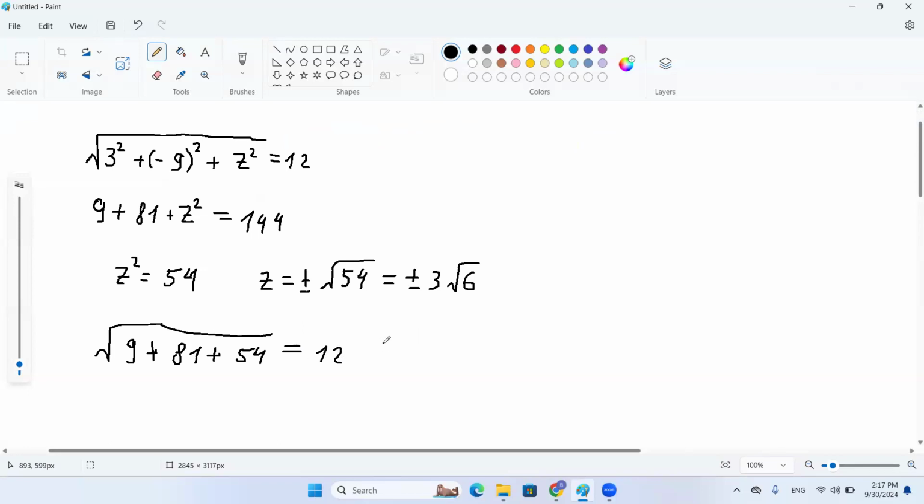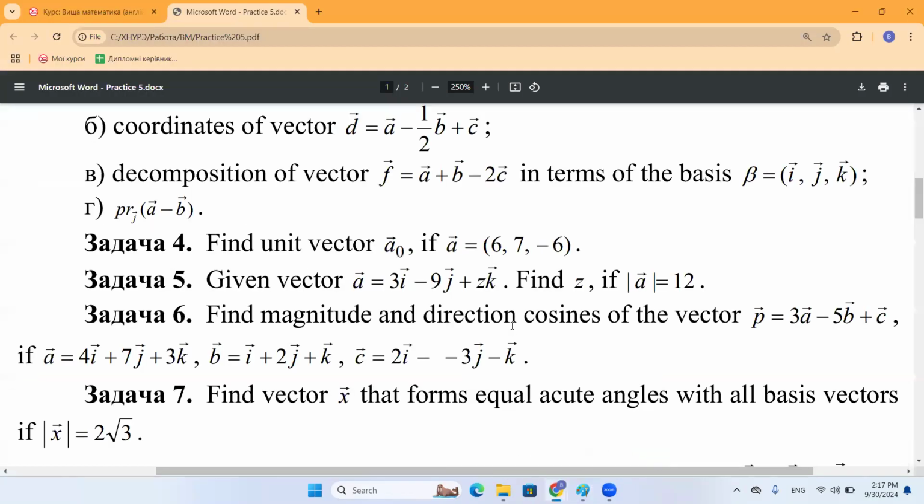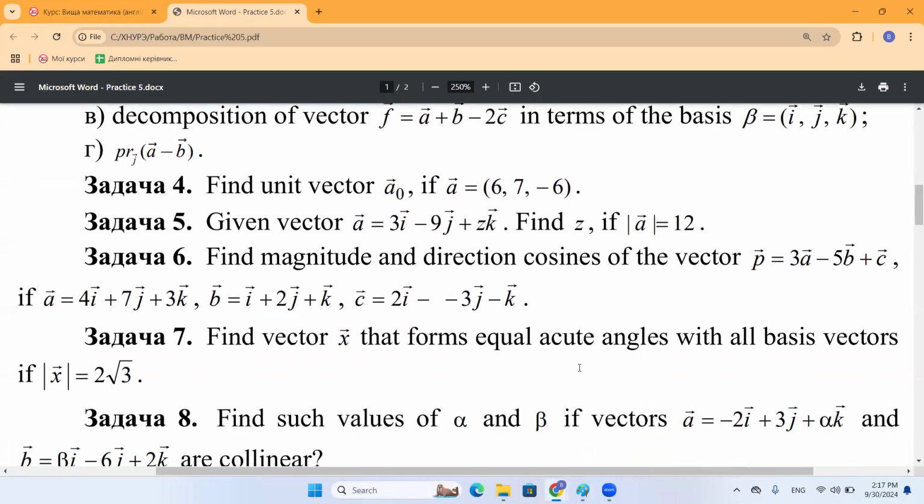So correct. So any questions about this task or no questions? Oh, no questions. Well, it was quite simple. Let's look at something else, something new.